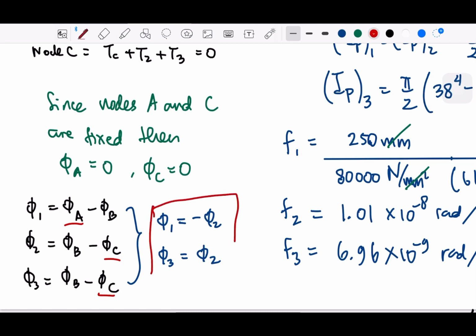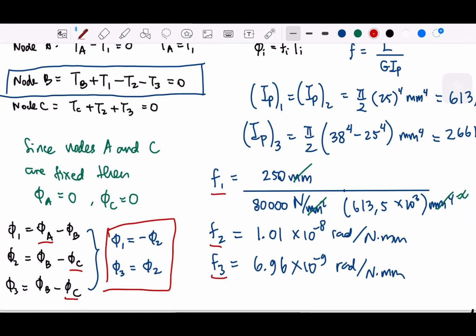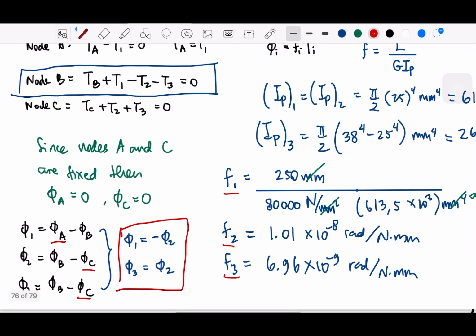So by using these compatibility equations and using this F, we can find the T. So we can find T1, T2, and T3. Let me mark this as the first equation and this is the second equation. So we need these two relations to calculate the torque for T1, T2, T3 using this F. We already have it here.